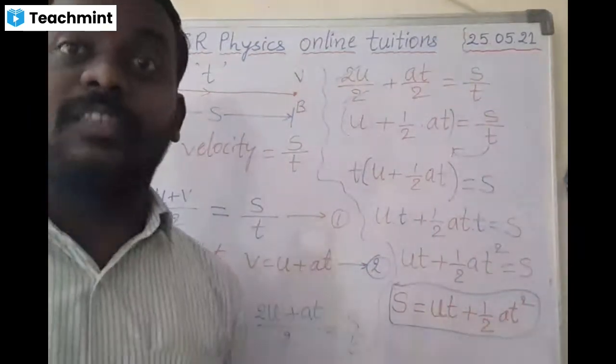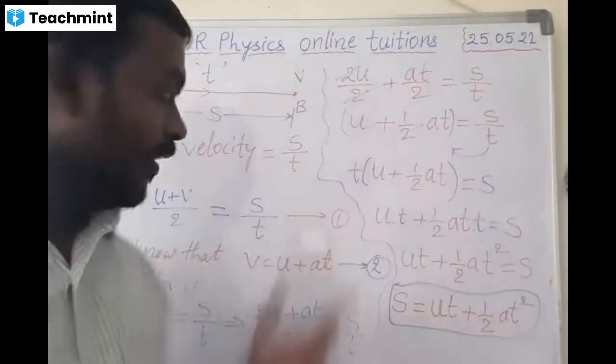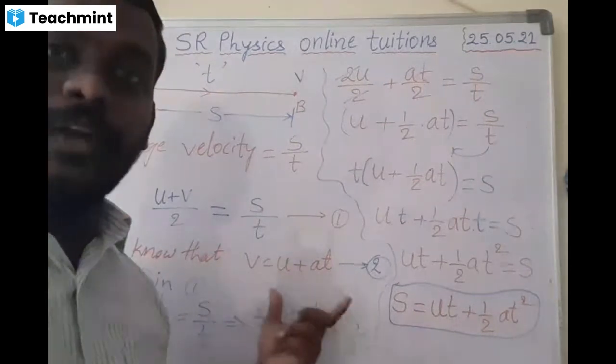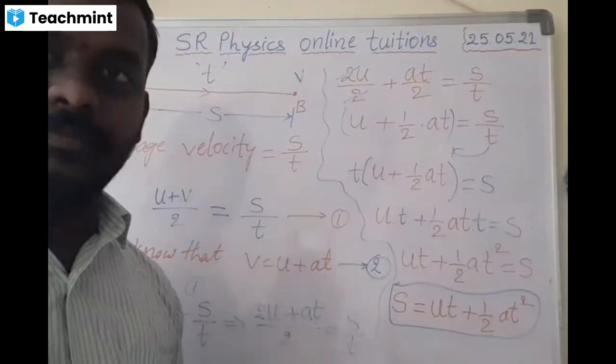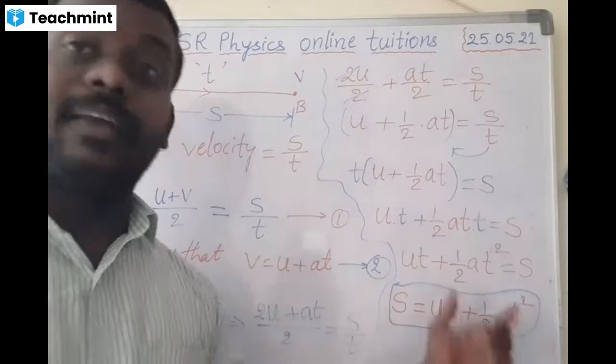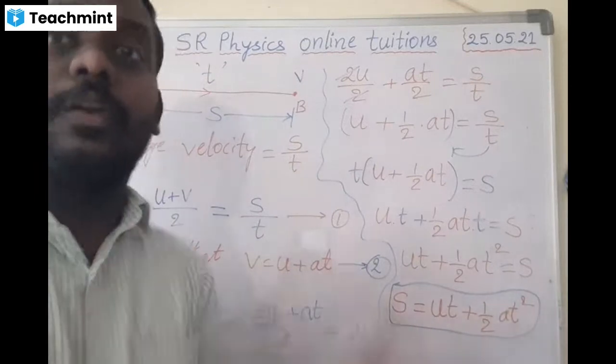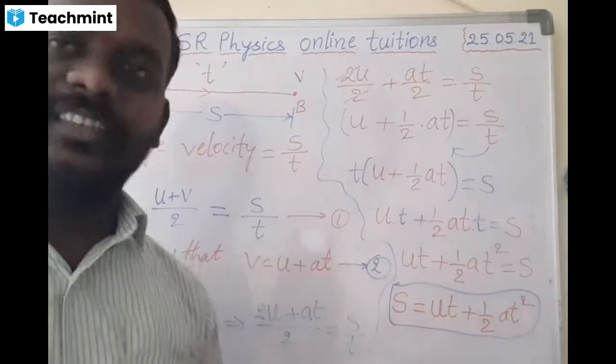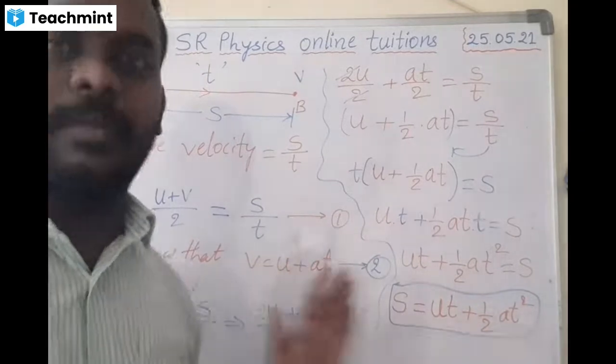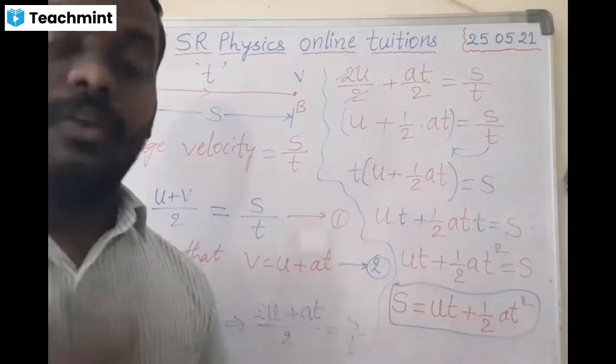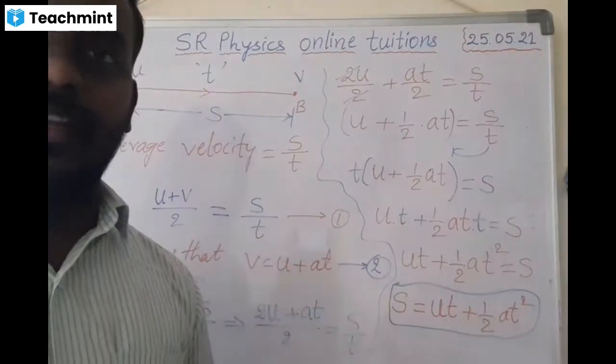Sometimes in problems, in the absence of displacement, we need to find the remaining terms, or in the absence of final velocity, we have to find some other unknown term. In such cases, we have to use these formulas. While solving the problems, you'll come to know very clearly.